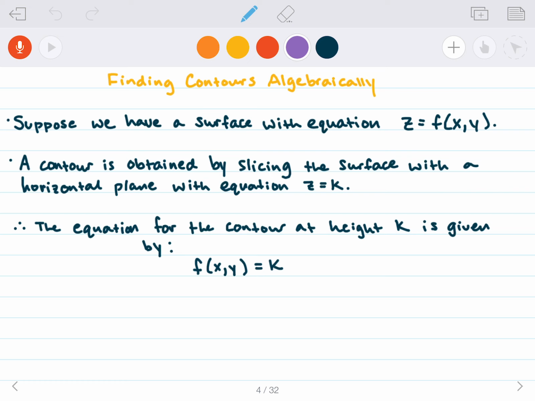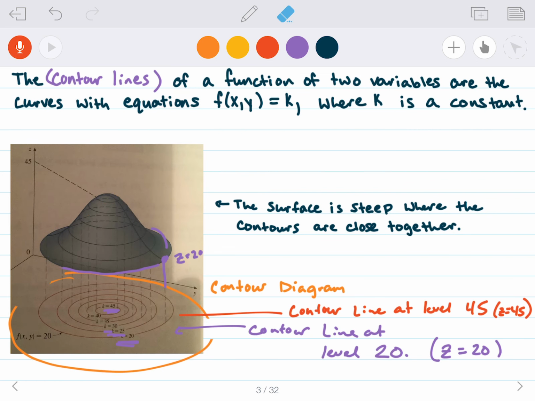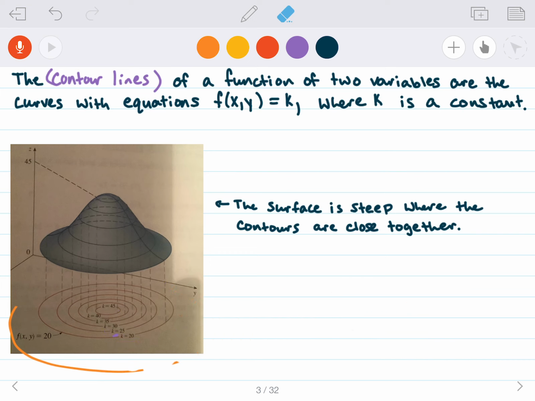Now the first thing we're going to do is talk about how to find contours algebraically. All you do is you have the surface in two variables, inputs x and y, output z, and it has this equation right here. The contour is obtained by slicing the surface horizontally with a plane.